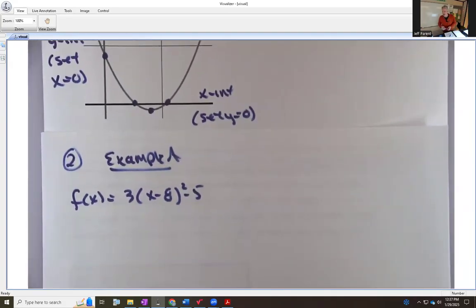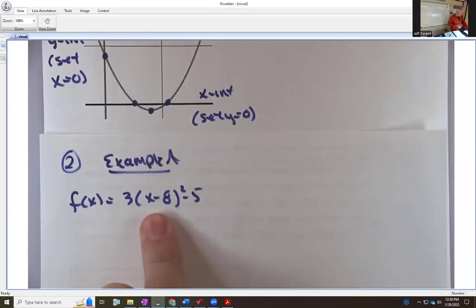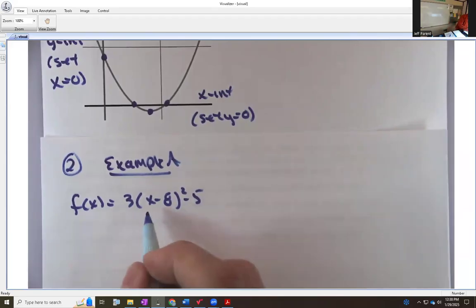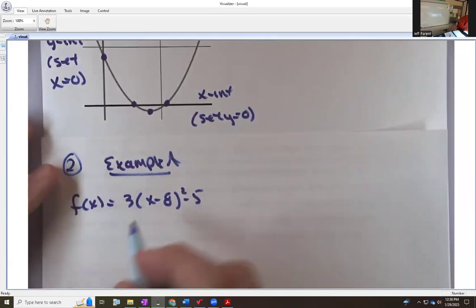What I would suggest is you start out by trying to find the value of x that makes the squared term equal to 0. And what do I mean by a squared term? I mean that term inside the parentheses. So this part right here, what's going to make that equal to 0? 8, right? If you put in an 8, 8 minus 8 is going to be 0.